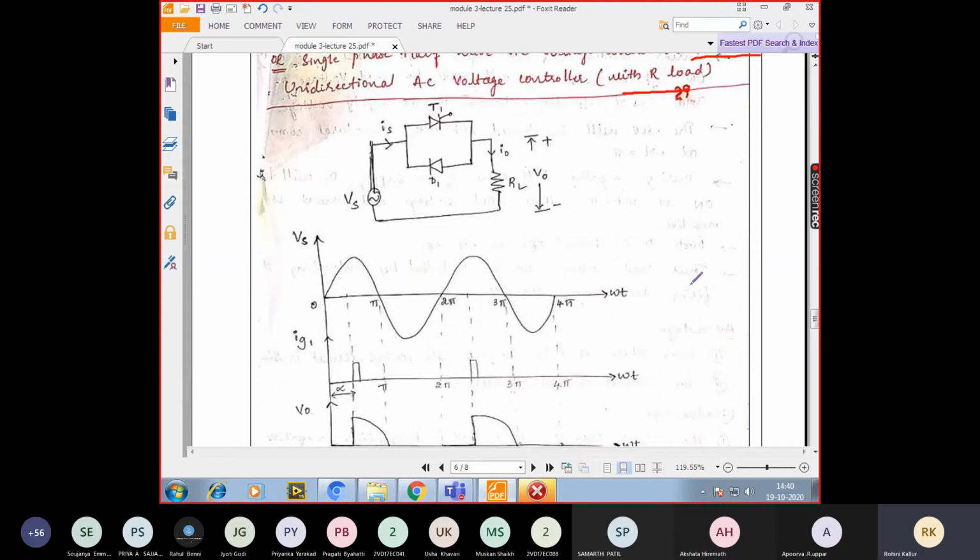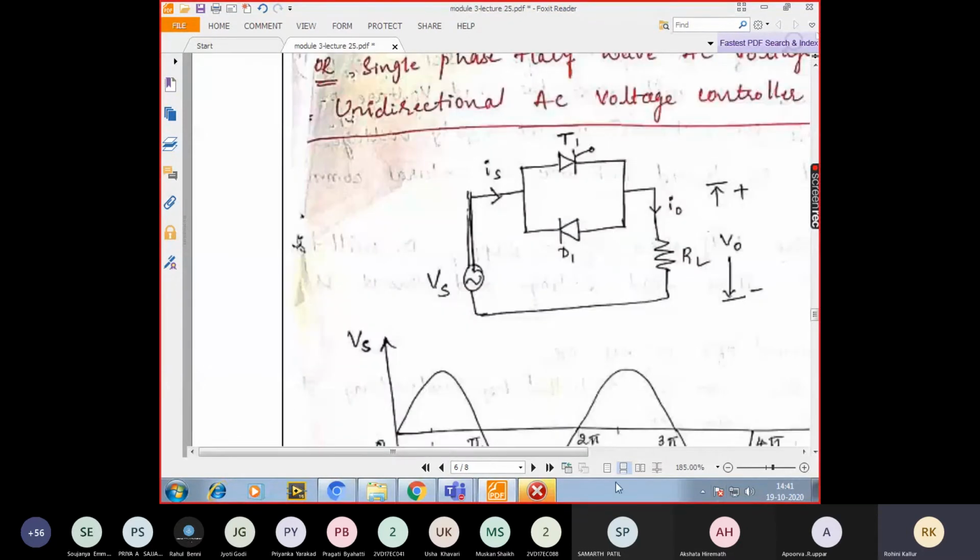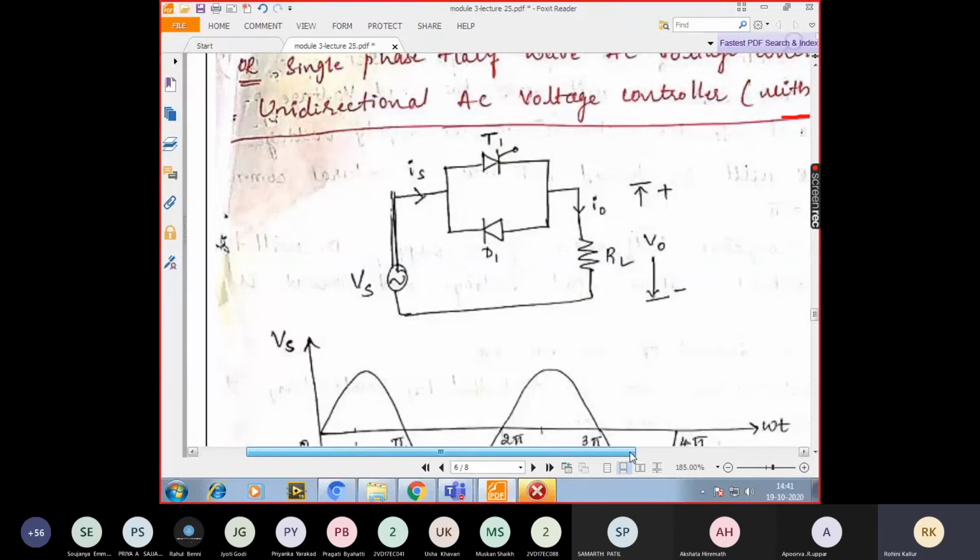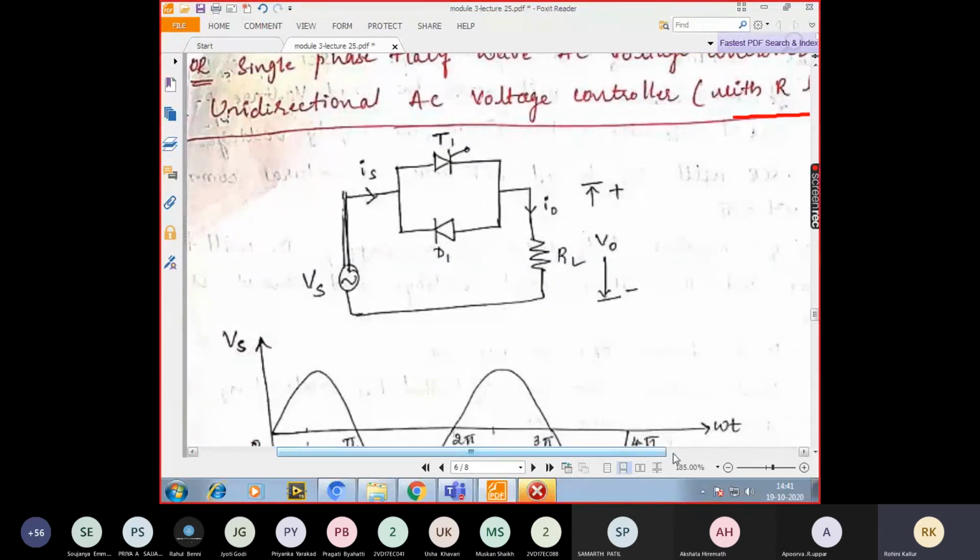Just observe this particular circuit and tell me what's the difference between the previous circuit and this one.